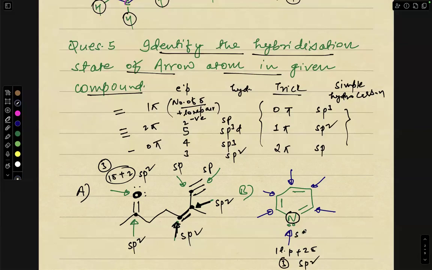So this nitrogen would be sp2. Make sense? Now look at this carbon. This is simple hydrocarbon, so it has 1 pi, sp2. And this one also sp2. Make sense?